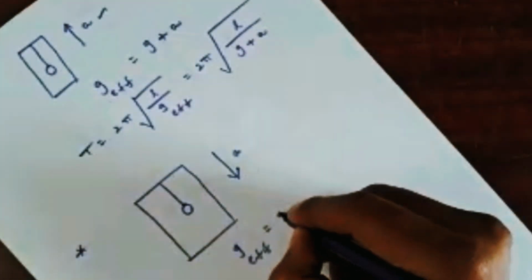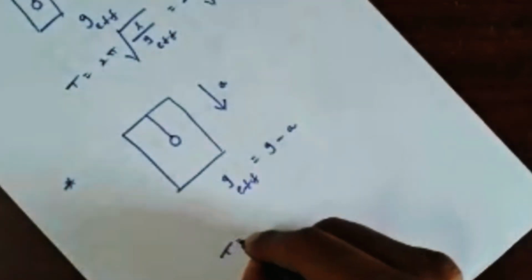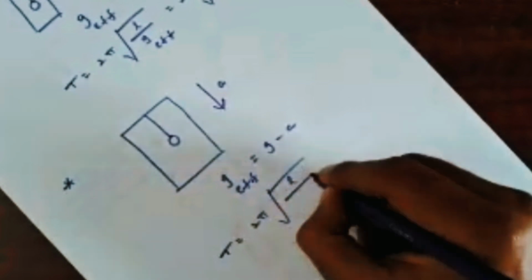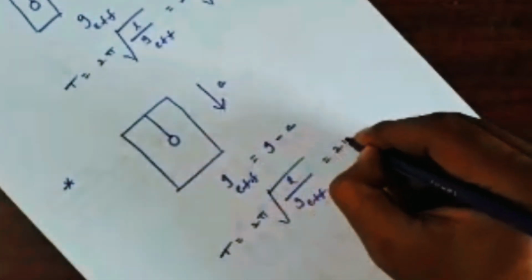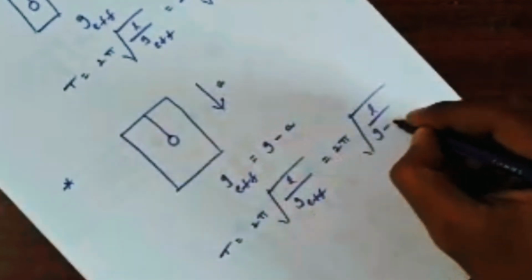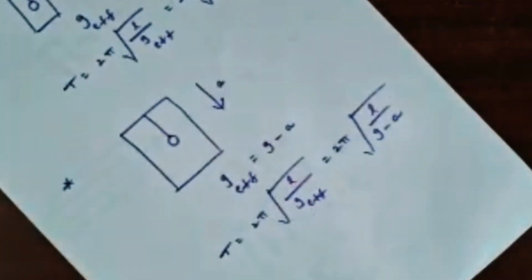When the lift is moving downwards, it is g minus a. Now, what is the time period? T is equal to 2 pi root over L by g effective, and that is equal to 2 pi root over L by g minus a.